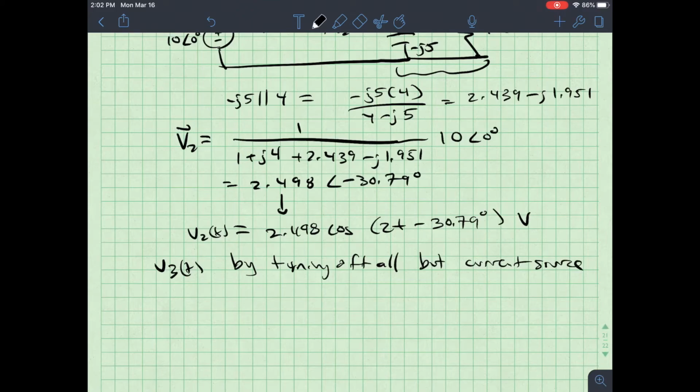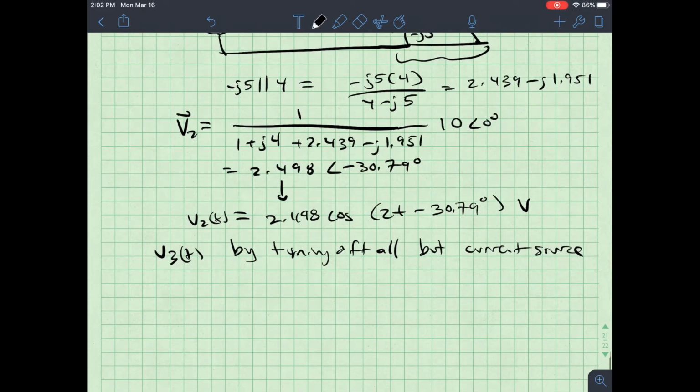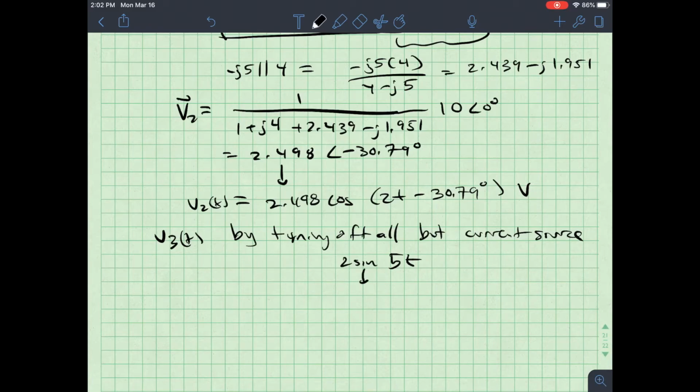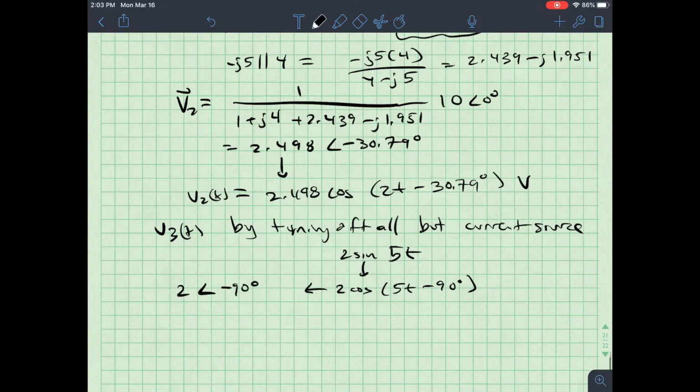When I turn off all but the current source, that one is 2 sine of 5t. First thing I would do is convert this to cosine by making this 2 cosine of 5t minus 90 degrees, which in phasor land is 2 angle negative 90 degrees amps.